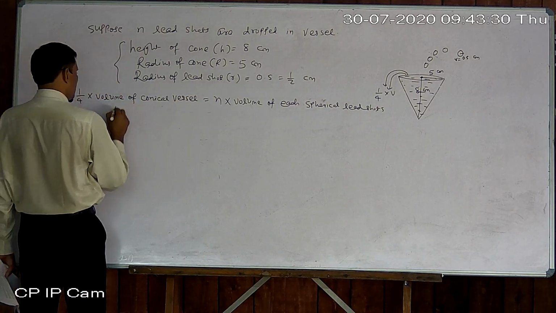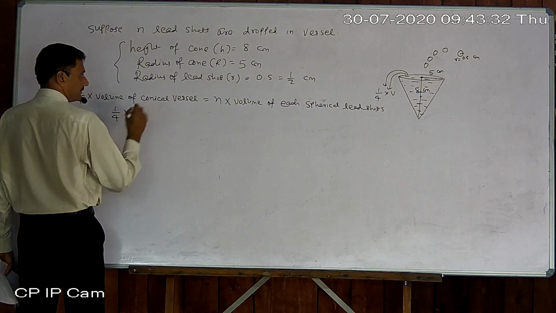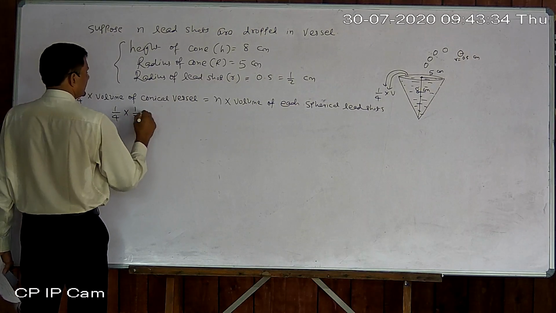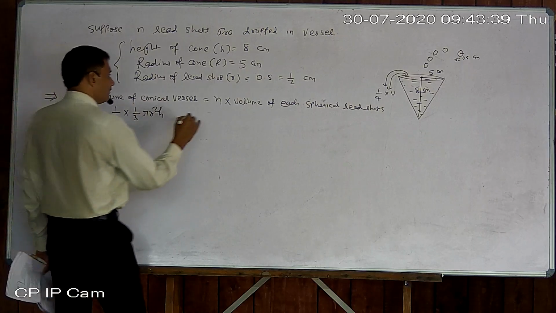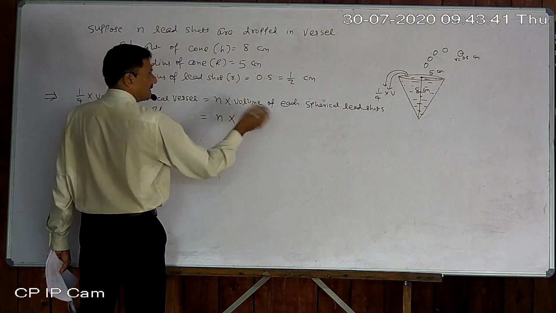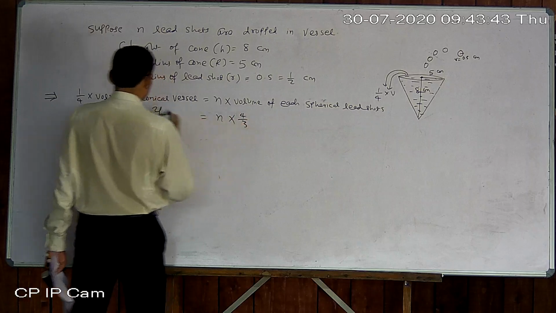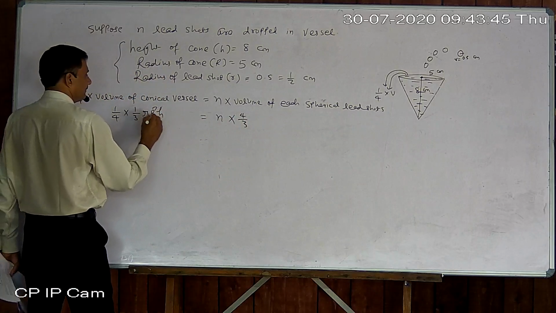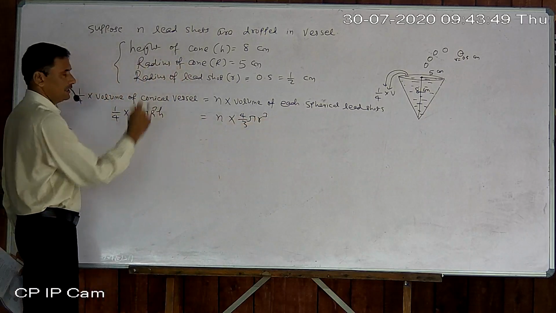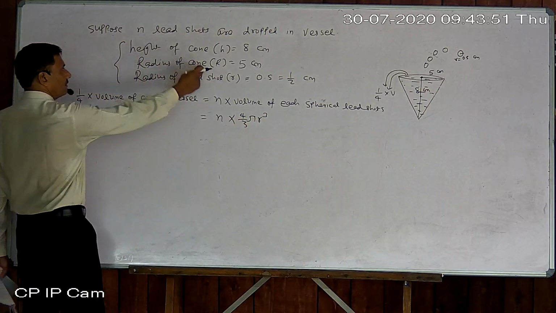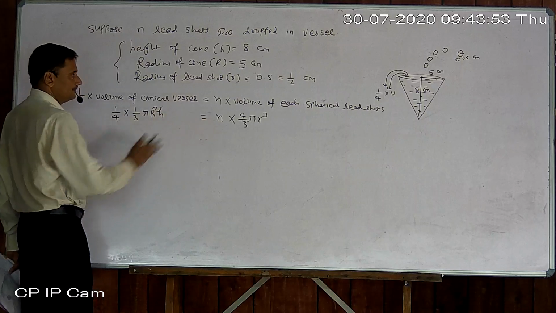So first of all, formula: 1/4 into 1/3 pi r square, formula of volume of cone, equal to n times 4/3 pi r cube. Okay, be careful here, the r are different. According to our supposition, write down accordingly.